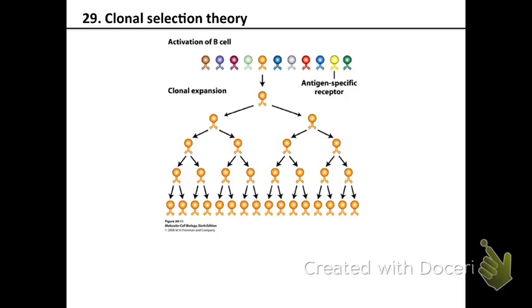That kind of framework in how the evolutionary mechanism works can be applied to a lot of different biological systems, one of which is the immune system. Okay, in the immune system there is a theory called clonal selection theory.